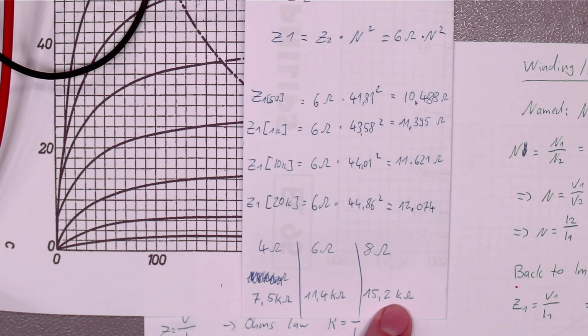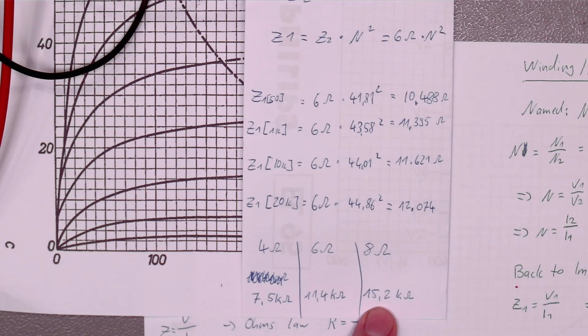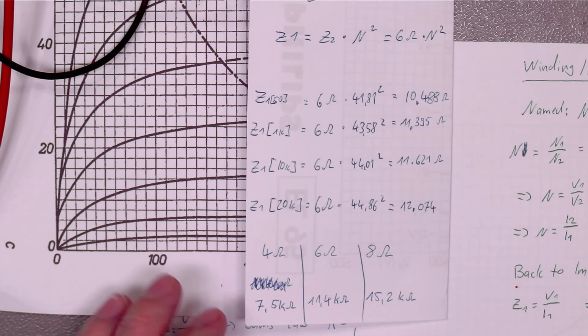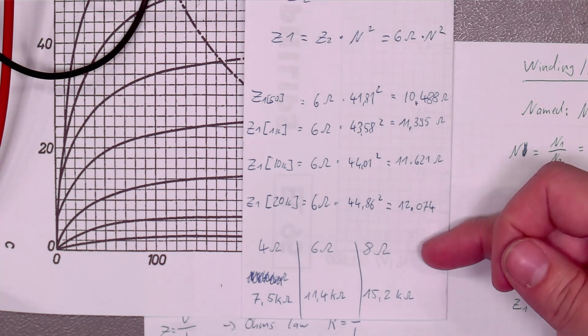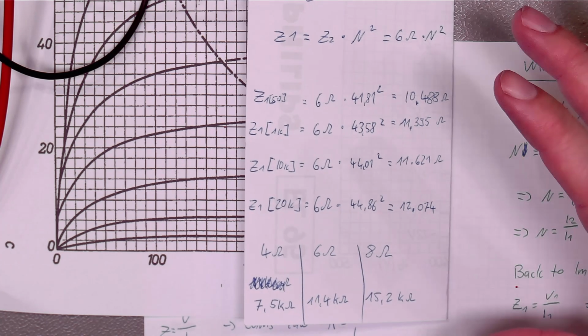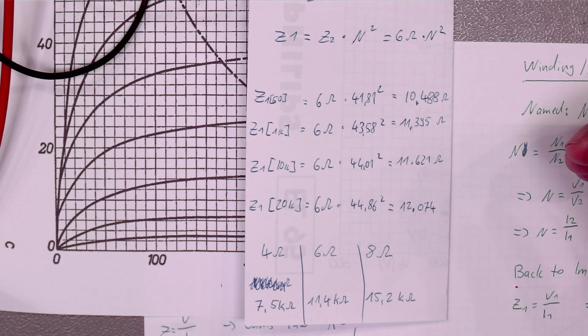In contrast, if we go for 8 ohms, we will be way under the current, and therefore our working point would be quite off as well. So this shows how important it is to know which speaker you want to connect to the output transformer.